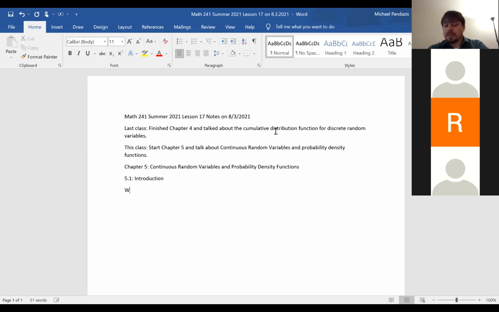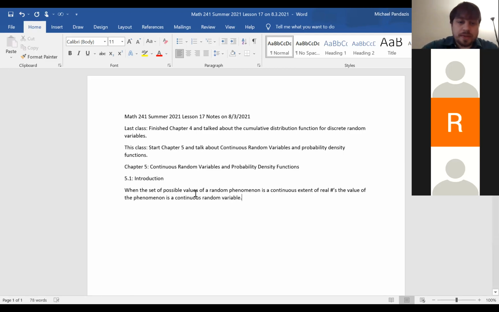When the set of possible values of a random phenomenon is a continuous extent of real numbers, the value of the phenomenon is a continuous random variable. So this is an introduction to what's called a continuous random variable. So let's talk about probability density functions.